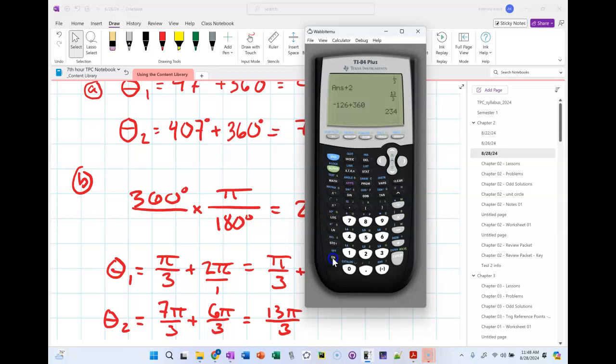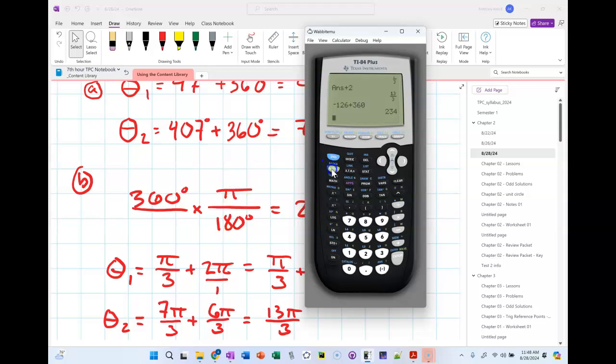However, if I want to do pi over 3 plus 2 pi, if I just take the pi's off when I type it into my calculator, and then put them back on when I'm done, the calculator will deal with that. So instead of typing pi over 3 plus 2 pi, I'm going to type 1/3 plus 2. Everybody's okay with that? I'm just taking off the pi's.